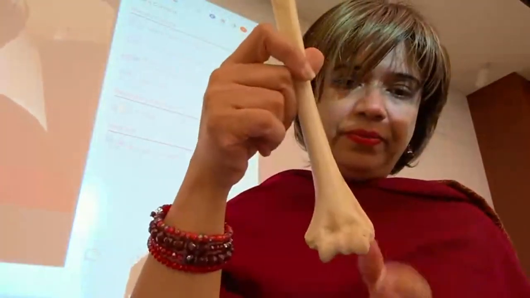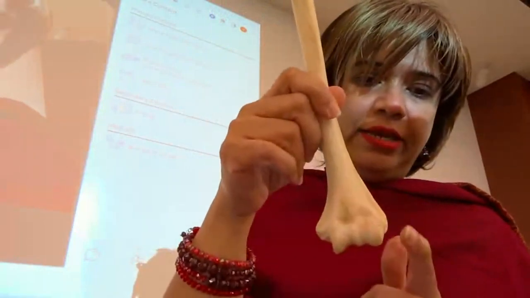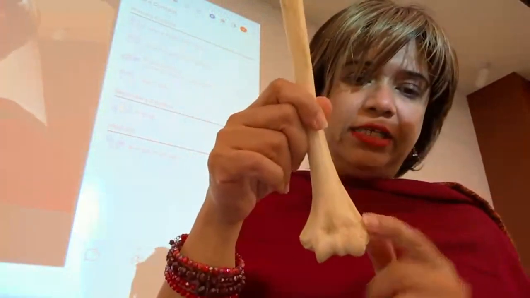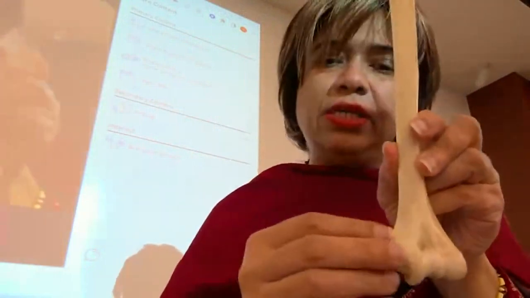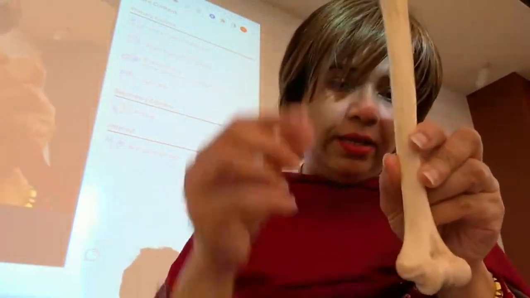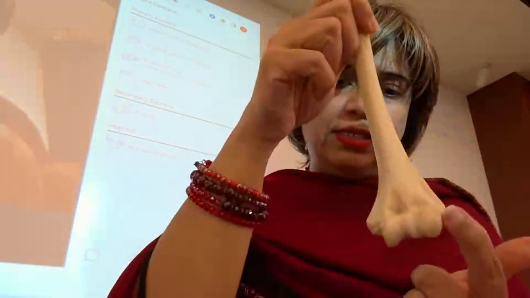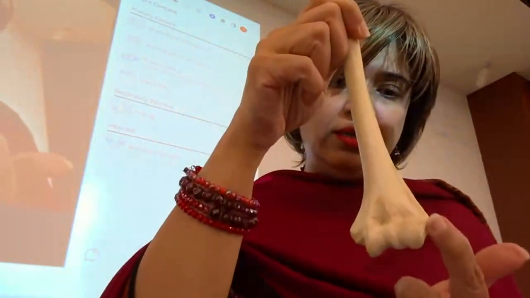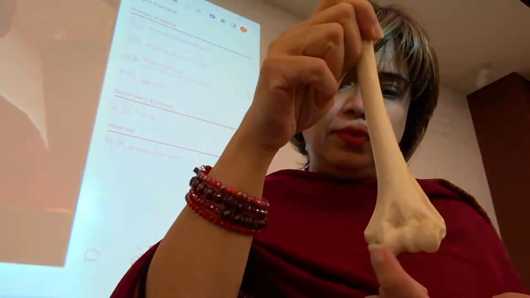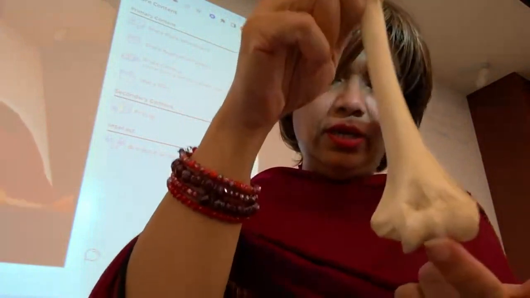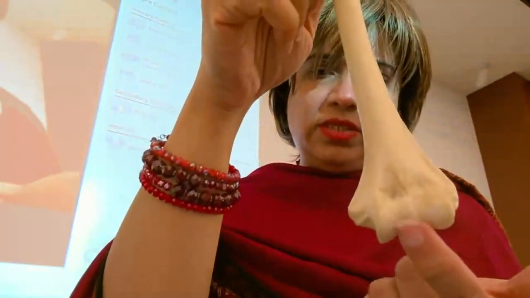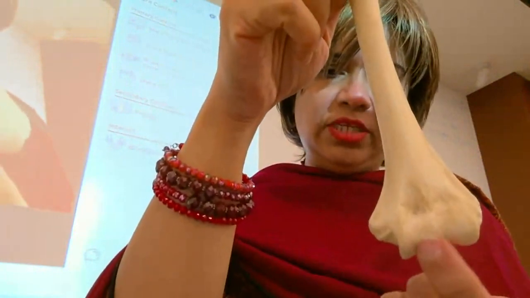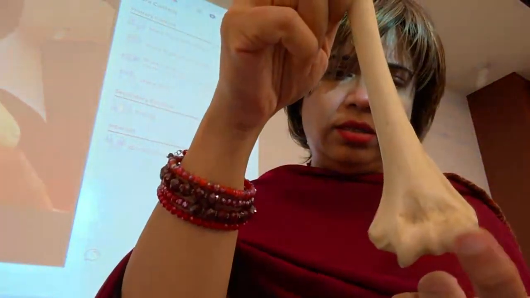Now, among these, at the distal end, you see this is flatter. This is really sticking out. The one sticking out is your medial epicondyle, and this one is lateral epicondyle. This is trochlea.